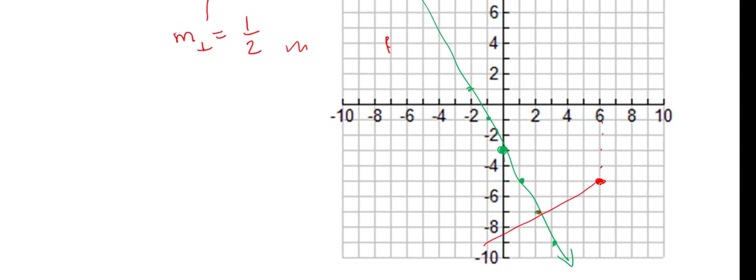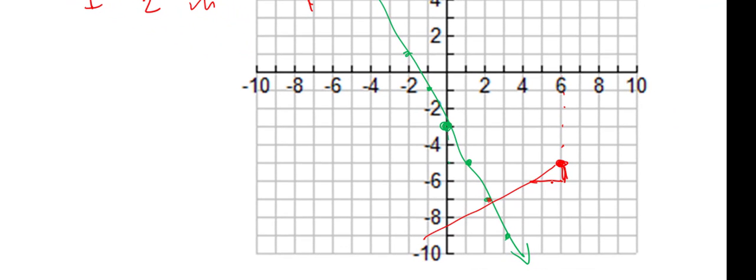Let's try this. If I go down 1 and to the left 2, down 1, left 2, it looks like I hit this point, which is on the green line. So it hits it perfectly. I know that the intersection point must be (2, -7).